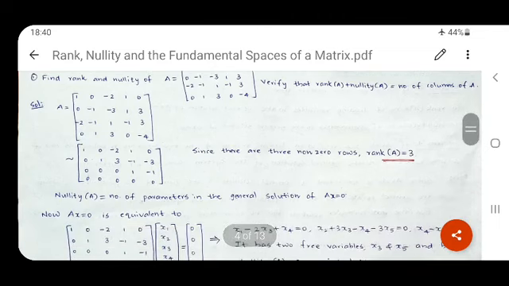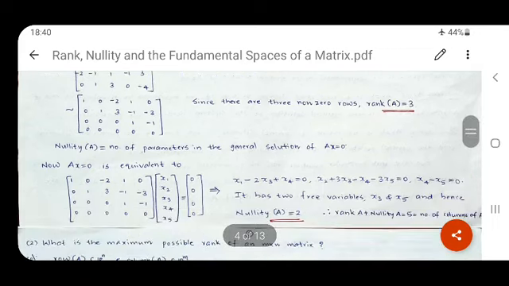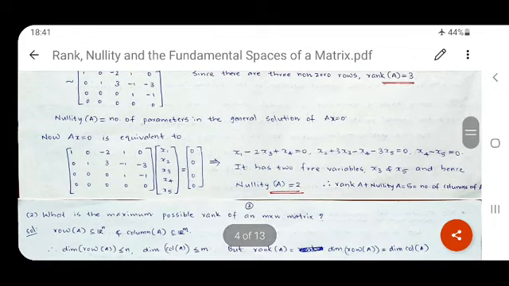And the nullity of A is equal to the number of parameters in the general solution of Ax equal to 0. Solving Ax equal to 0, you can see that there are 2 free variables, and therefore the nullity is equal to 2. So rank plus nullity equals 5, which is the number of columns of A. So we have verified the dimension theorem for matrices.